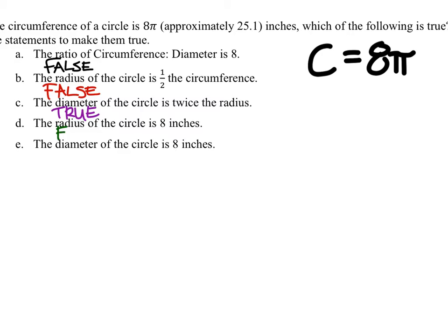That one is false. What does the 8 represent in this circle? It represents the diameter, which is the next part. E, the diameter of the circle is 8 inches. True.